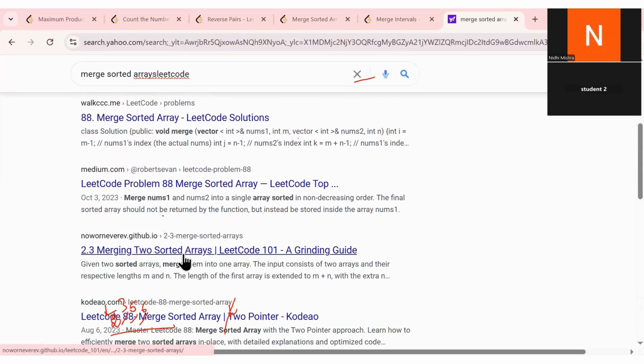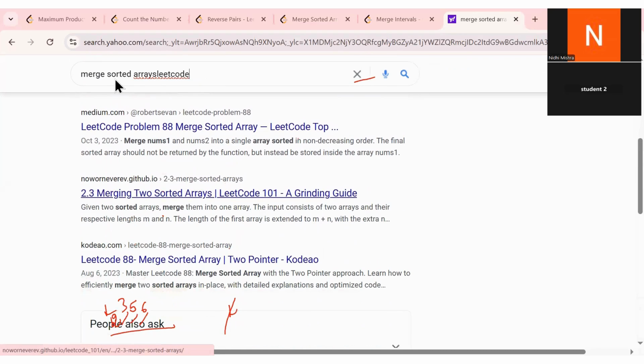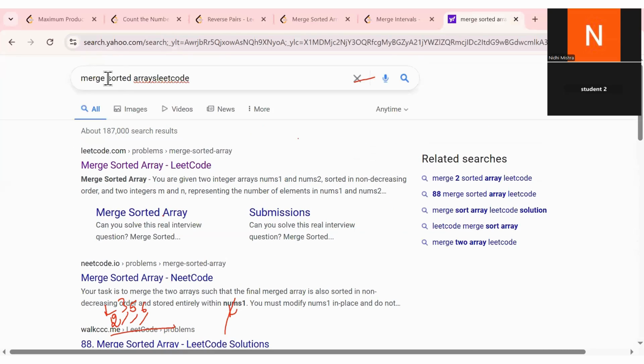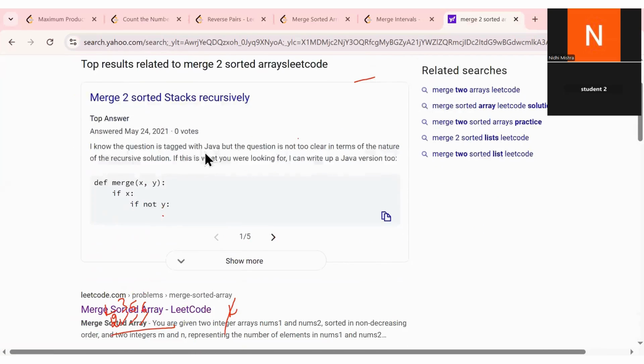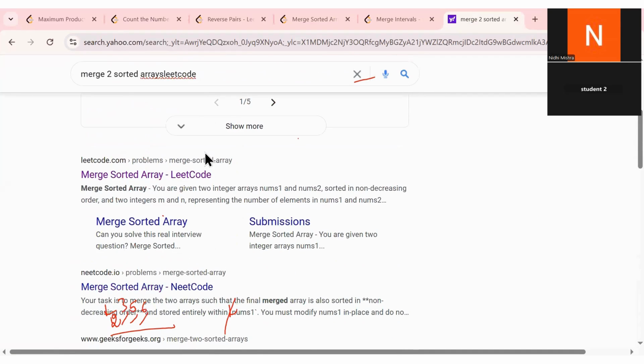Merge two sorted arrays. We just did that, right? No, this is another. There's a small variation of this.